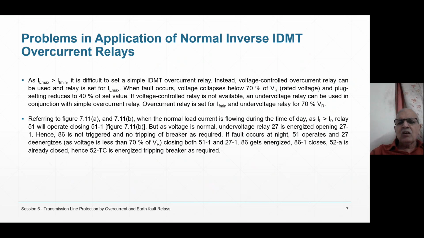This relay automatically changes its plug setting to 40% of the set value if the voltage collapses below 70% of the rated voltage. When normal load current is passing, the voltage is normal. But when a fault occurs, the voltage is going to collapse badly, and therefore the plug setting will automatically reduce to 40% of the set value.